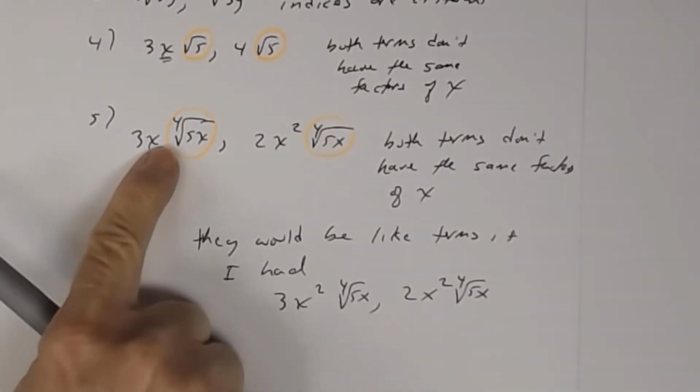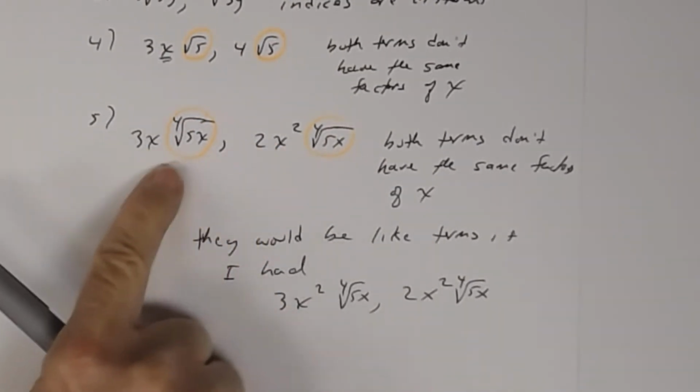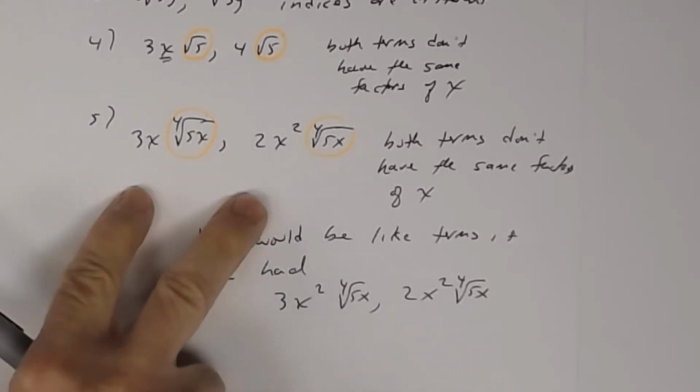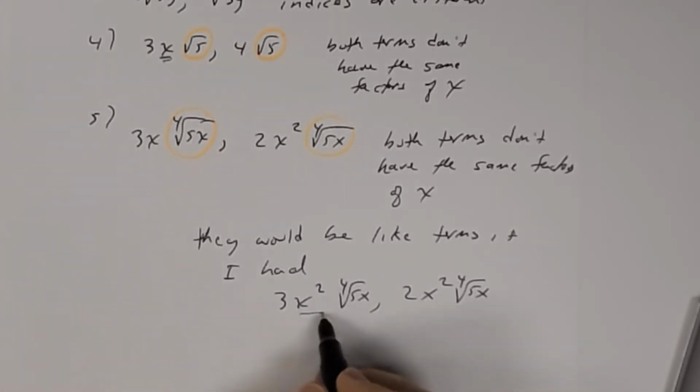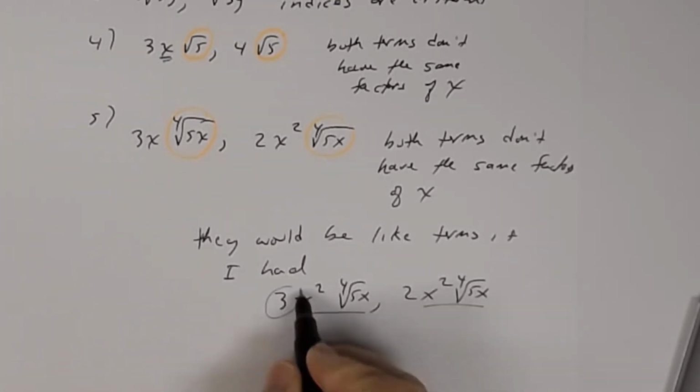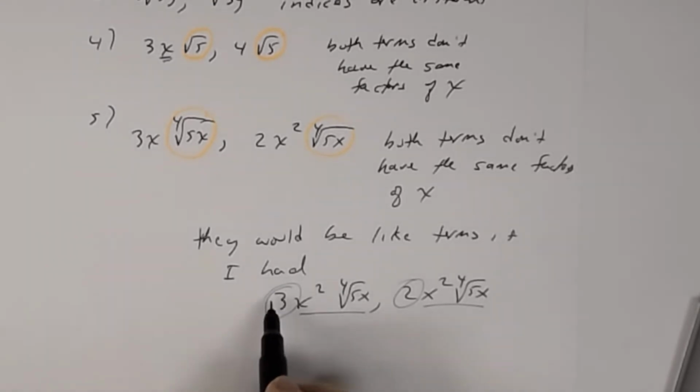You see how this was x to the first, and this was x squared, so those are not like terms. But if they were both x squared, then see how these are the same? So whatever operation, whether you add or subtract, you would use 3 of these and then 2 of these. So those would be like terms.